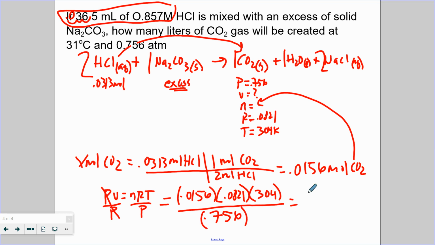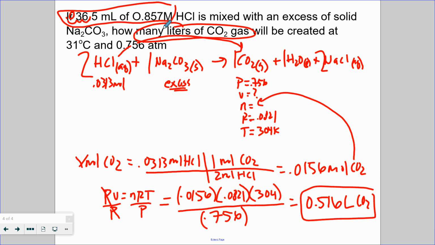We are solving something close to an AP level problem here, you guys. Times 0.0821 times 304 divided by 0.756. I get 0.516. It's a volume, so it's going to be in liters of CO2, which is exactly what I was being asked to find. How many liters of CO2 gas?